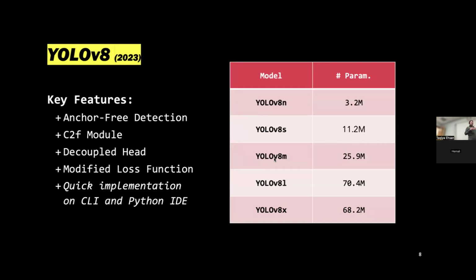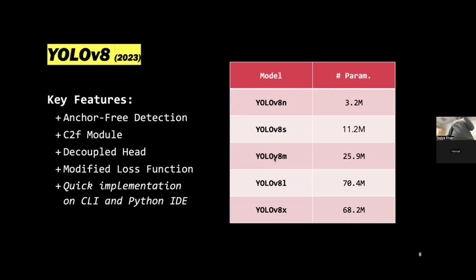One of the great things about YOLO is that it keeps developing more, and it becomes more user-friendly as it goes. Among the key features, you don't need to look at these, is quick implementation on a command line and Python IDE. So now, training or fine-tuning YOLO V8 on your own data set can be done with just one command line input on your terminal.